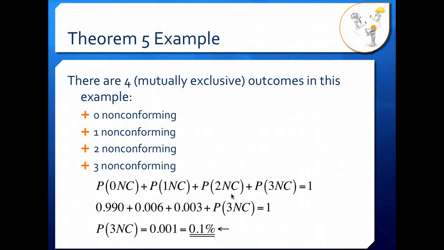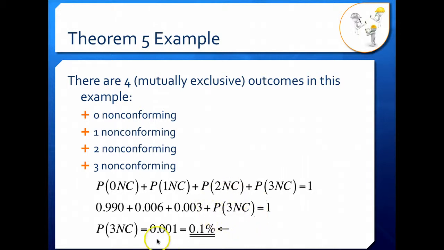Since we know we have mutual exclusivity in this case, we know that all 4 of our outcomes have to add up to 1. So when we plug in our values for 0, 1, and 2 non-conforming parts, we can subtract those from 1 to get the probability of 3 non-conforming parts.